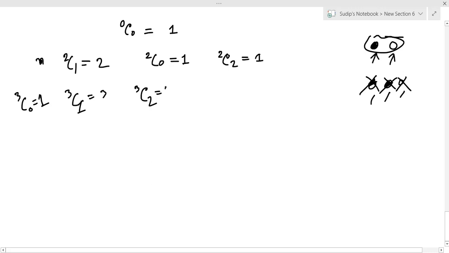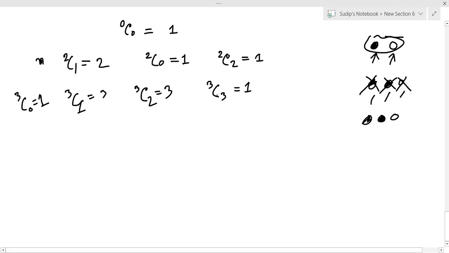So you have three options: AB, BC or CA. And if you write 3C3, you have to choose three balls from three balls. That is, you have only one option.